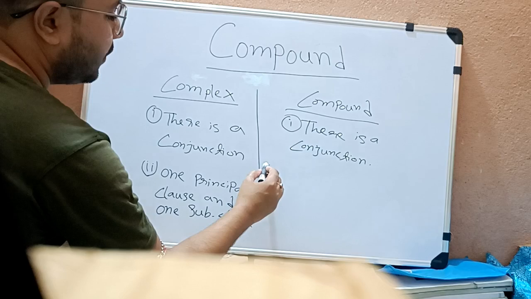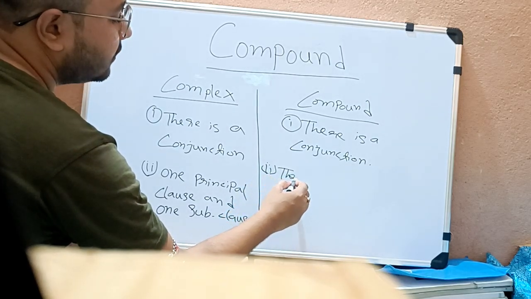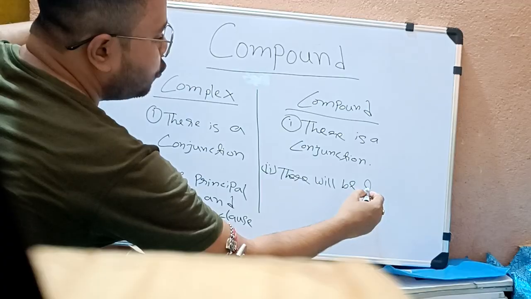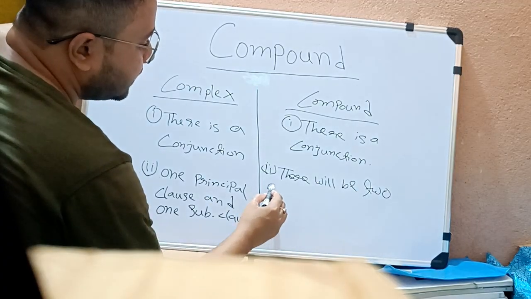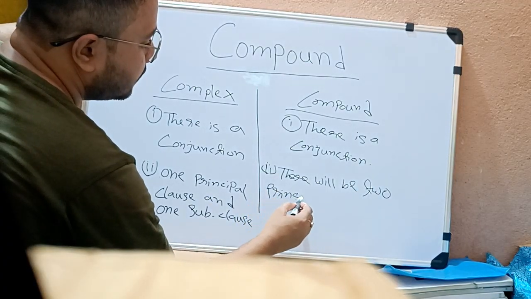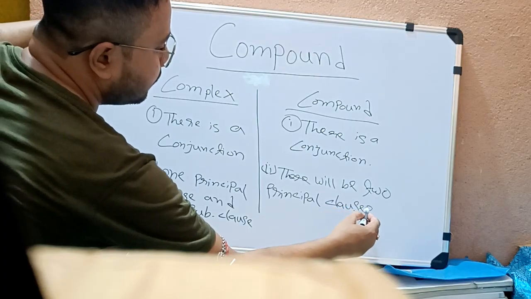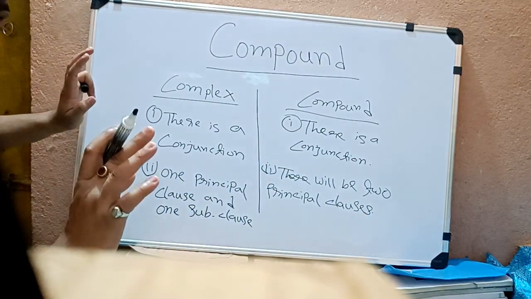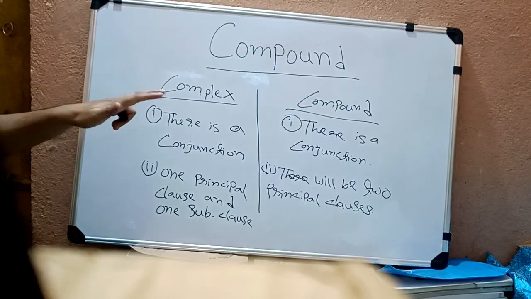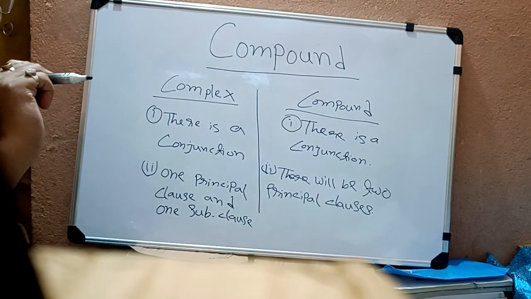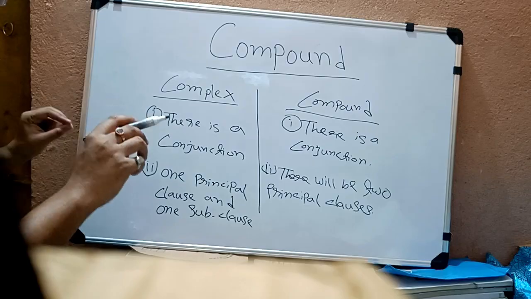And in a compound sentence there will be two principal clauses. This is the difference. There will be one principal clause and one sub clause in a complex sentence, and two principal clauses in a compound sentence. Then we can easily differentiate.